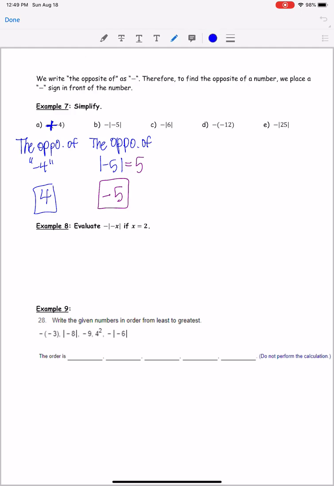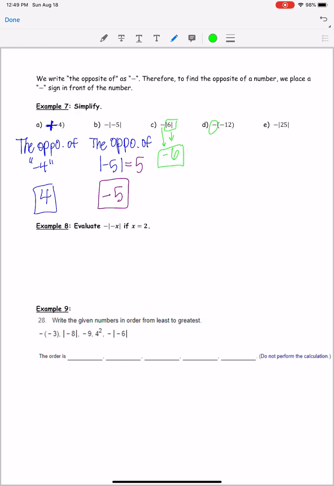So let's think of C in the way that we just did that last one. This is what that means, right? The opposite of the absolute value of 6. The absolute value of 6 is 6. And then you take this negative that's on the outside and carry it down. So this is -6. On D, you can either say the opposite of -12.